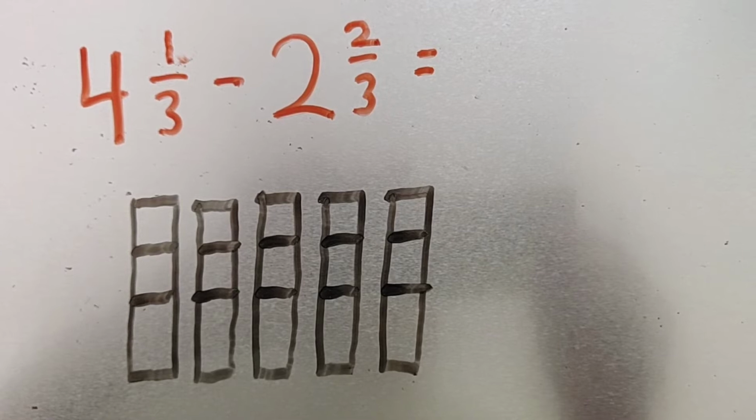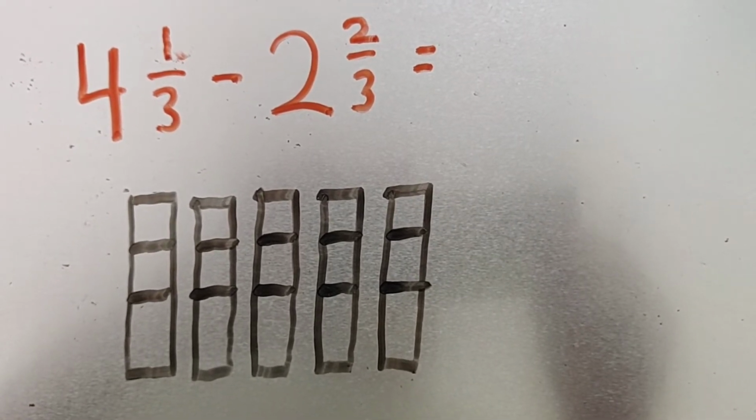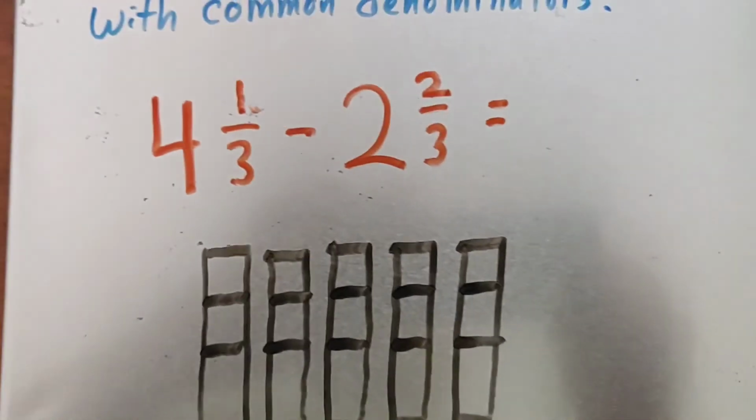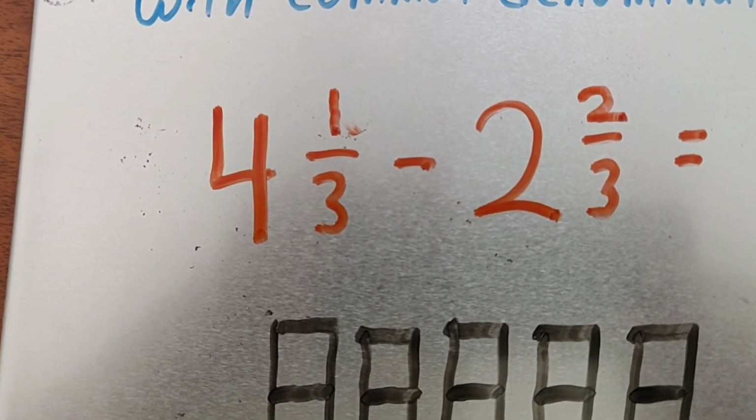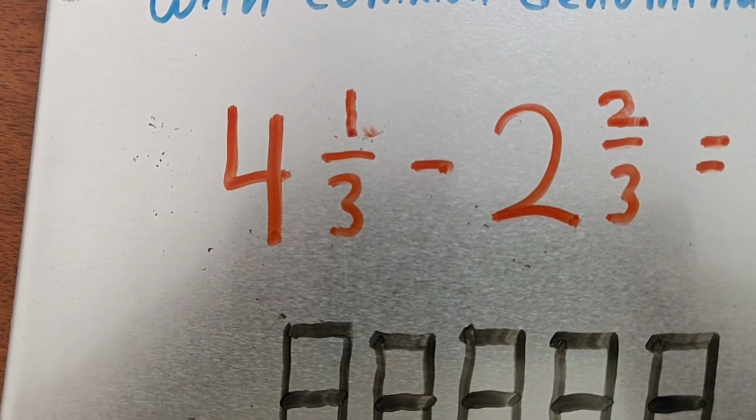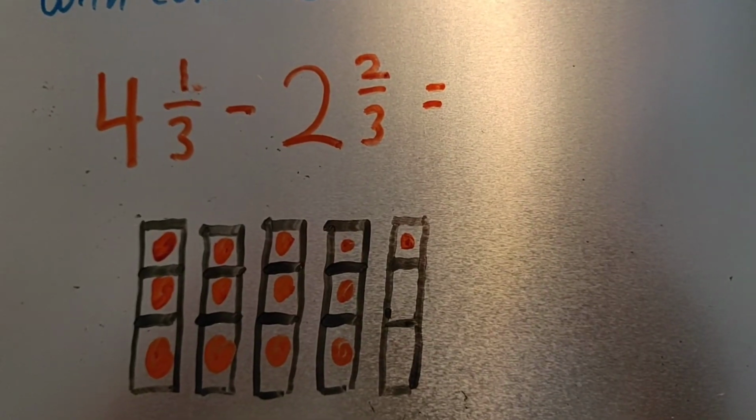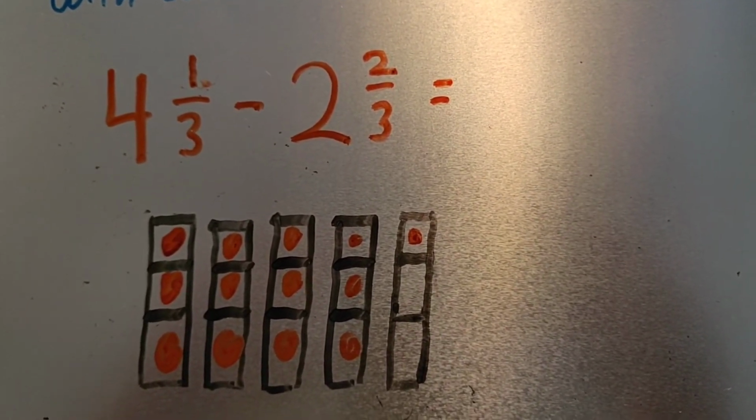And I want you to see what even a small difference here makes. So still I know I'm starting with 4 wholes and another 1/3. So I know that I'm going to need 5 models to model that. So you can see I drew our 5 models.